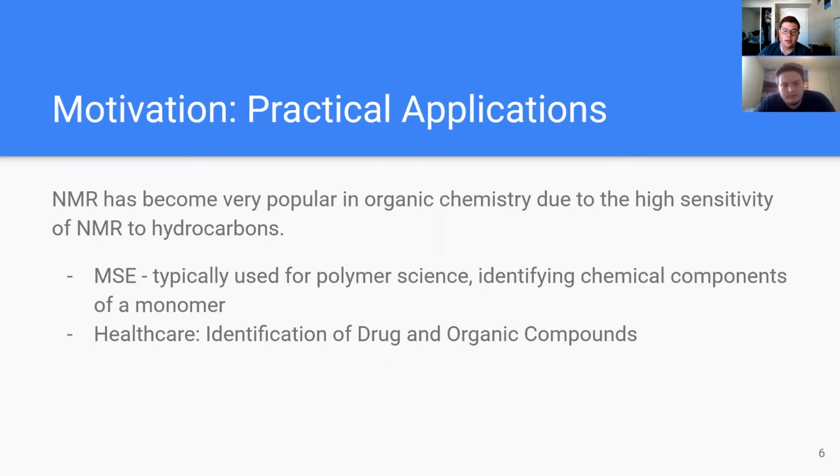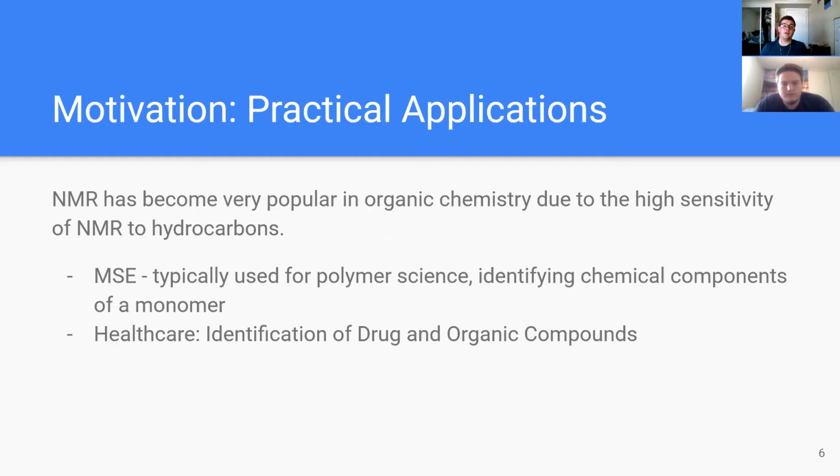Again, with these practical applications, it's become very popular in organic chemistry, mostly due to the fact that NMR is very sensitive to hydrocarbons. We'll get to that in a little bit, but as materials engineers, we mostly see it being used in polymer science. If you have a monomer and you want to identify it, you can use NMR to figure out what the different functional groups are.